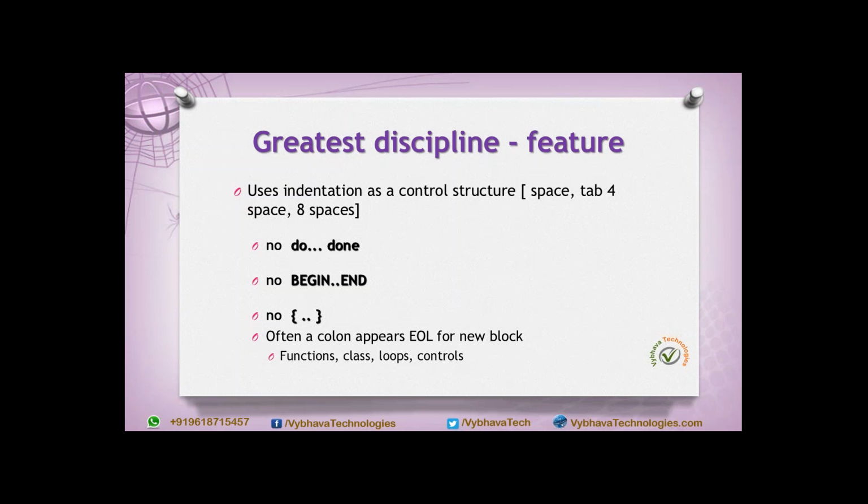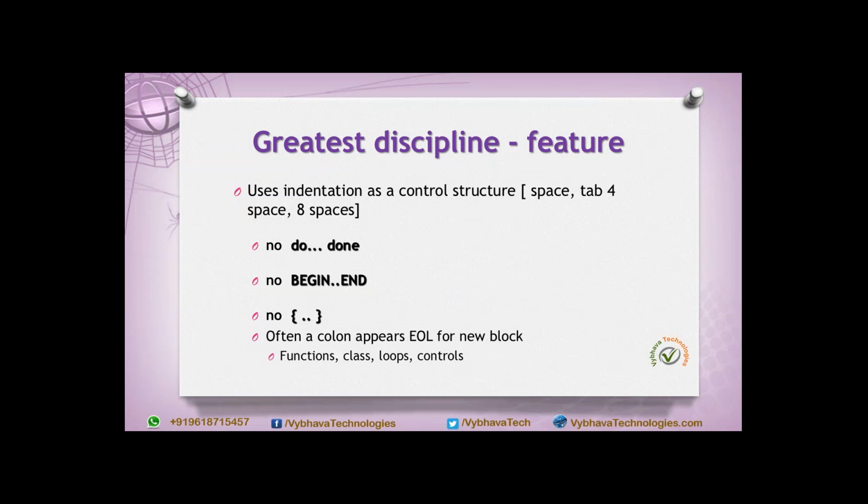One space will start the beginning of a new block, or you can give four spaces with one tab, or eight spaces as a tab also. You can use any one type of tab. In the vi editor, when you press tab, it takes 8 spaces automatically. In Notepad++, you can mention how many spaces you want for one tab. In Notepad++, it will take 4 spaces. So all these three options are allowed for program structure.